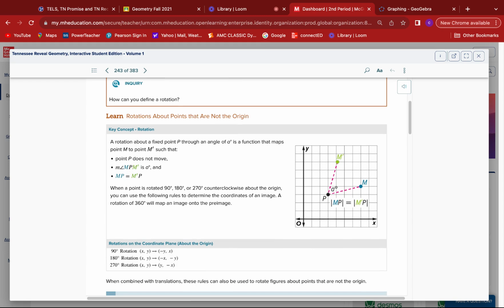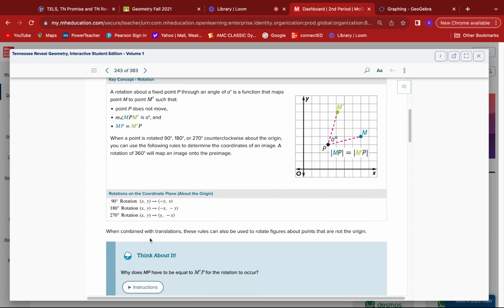Okay, looks like this one's not about the origin, but let's talk about the origin real quick. These are your formulas for a 90-degree rotation counterclockwise, 180-degree rotation counterclockwise, and 270-degree rotation counterclockwise. So these are all of your little cheat codes that I've mentioned before in my videos. One more time, these are all to the left.